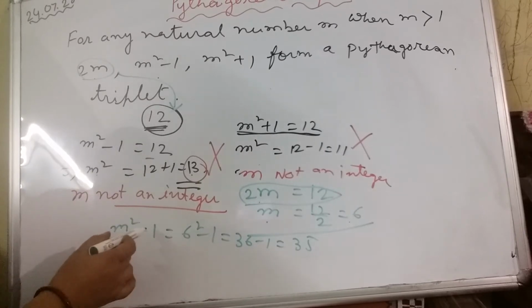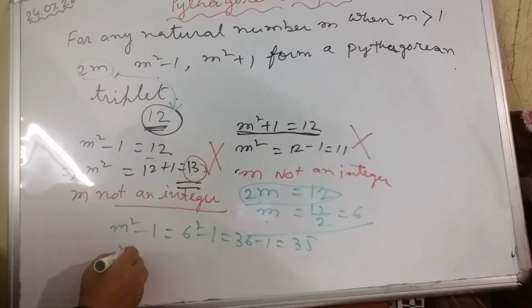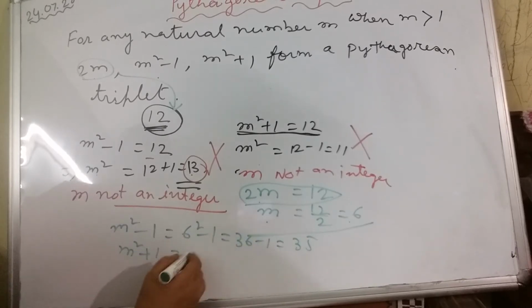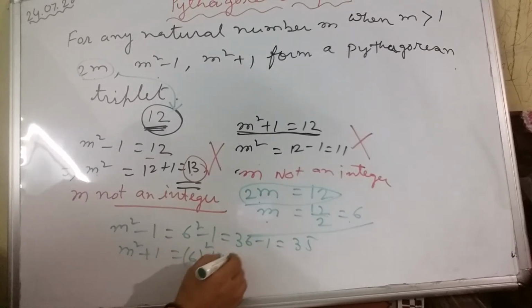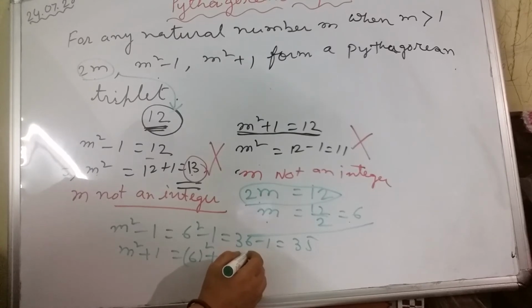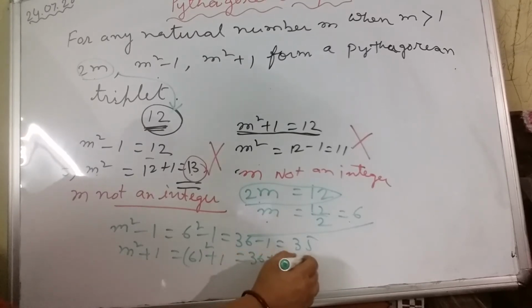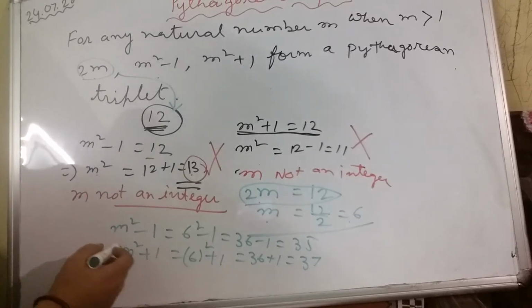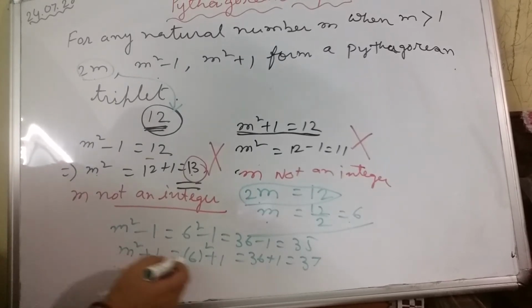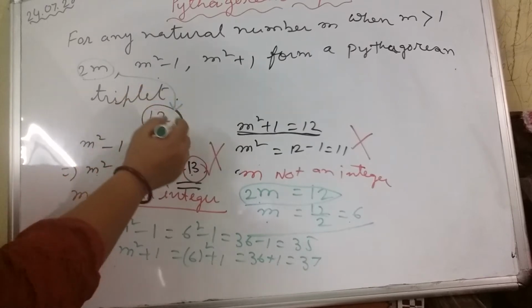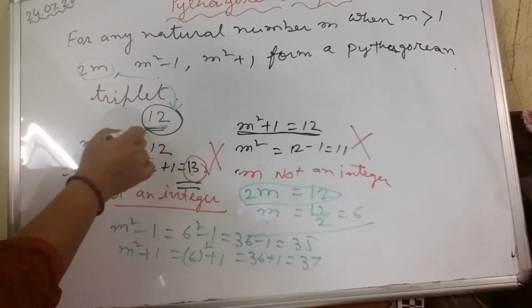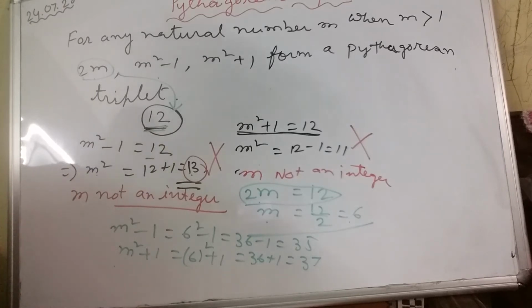Okay, and m square plus 1 will be 6 square plus 1, that is 36 plus 1, 37. So we can find the Pythagorean triplet where 12 is a member of that triplet.